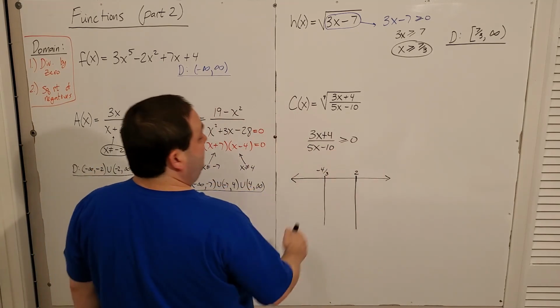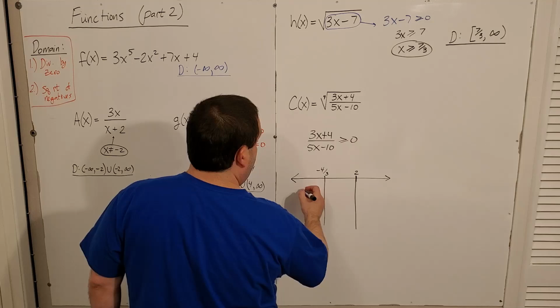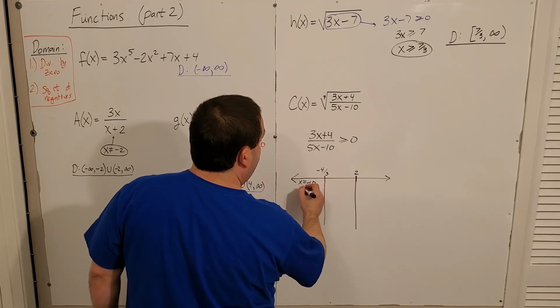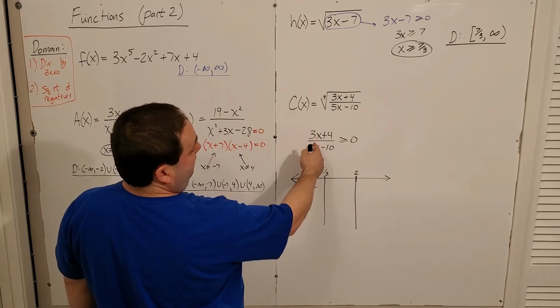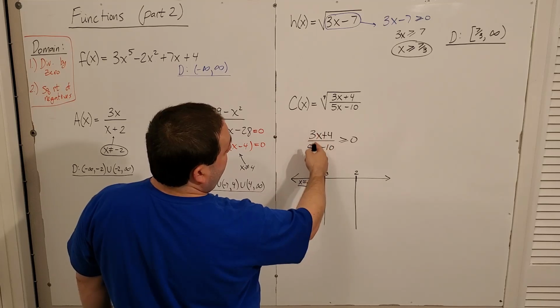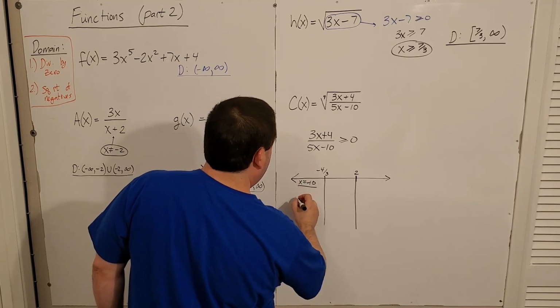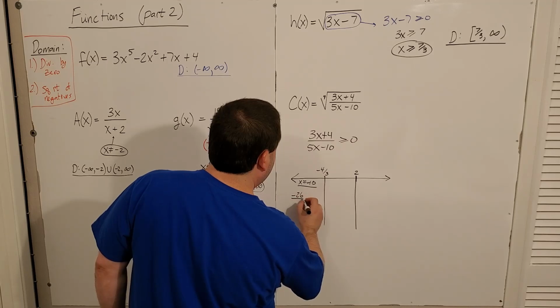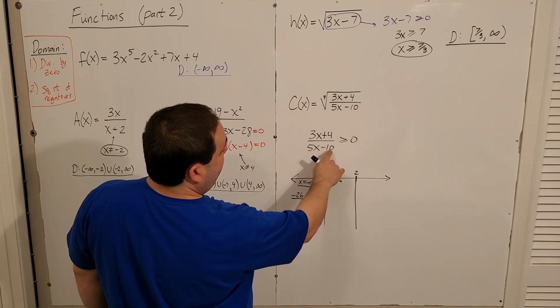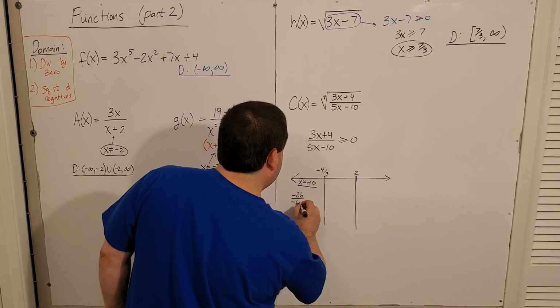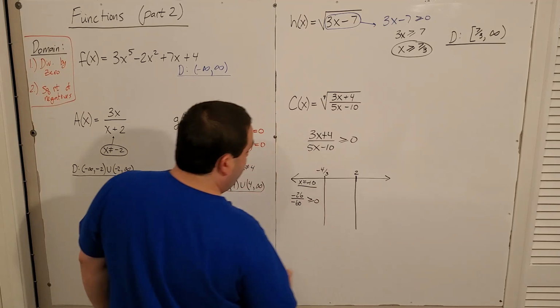And I'm just going to test each one. Let's plug in x equals negative 10, for example. So if I plug in negative 10 here, I'll have negative 30 plus 4, which is negative 26, and negative 50 minus 10, which is negative 60, greater than or equal to 0.